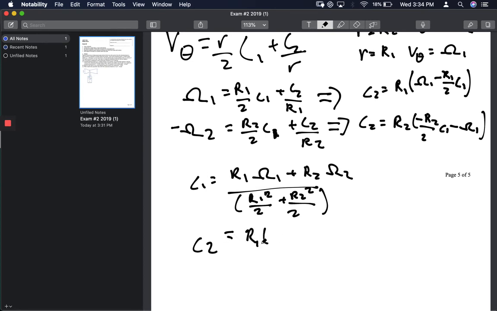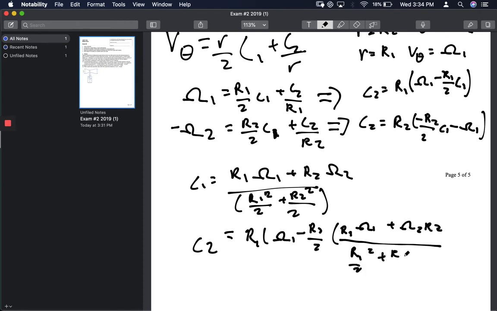R1 times omega 1 minus R1 over 2, and R1 squared plus R2 squared over 2.